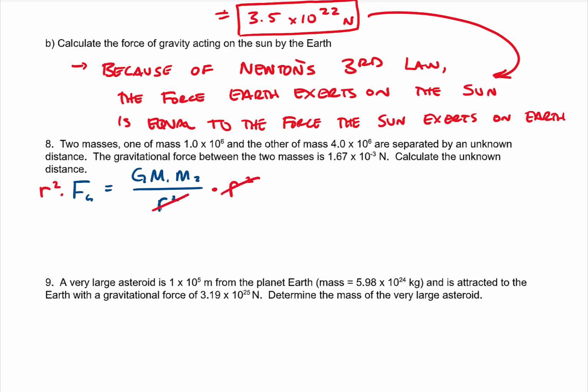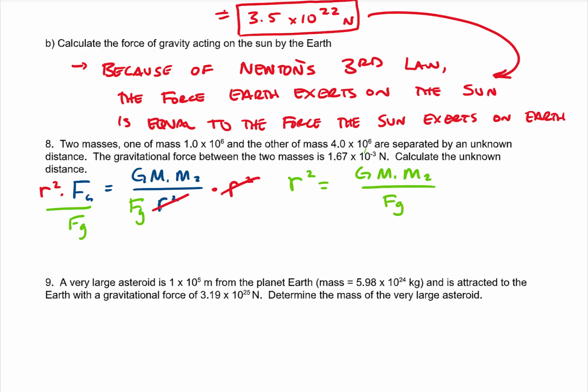So I'll multiply both sides by r squared, divide both sides by the force of gravity, and so what I get is that the radius squared is equal to g times mass 1 times mass 2 over the force of gravity.